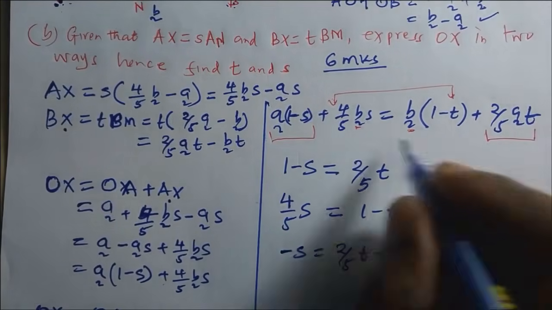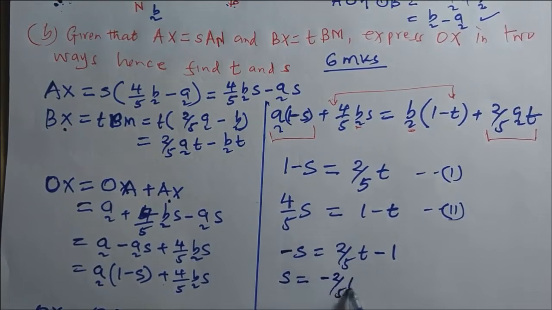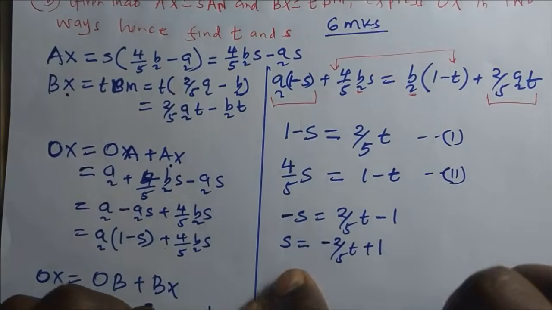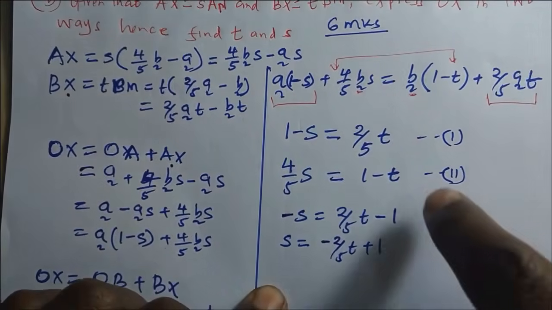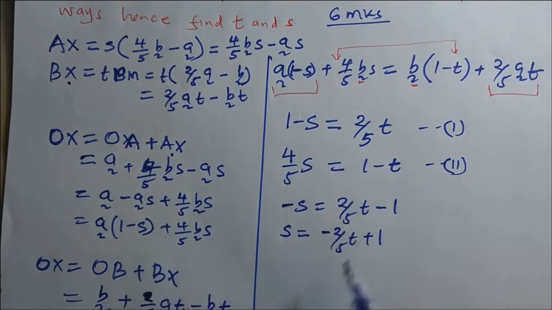I want to divide by negative 1 for each case, so I will have S is equal to minus 2 over 5T plus 1. The negative changes the sign on this whole side. Now I take this S into equation 2 and substitute, to get the value of T.